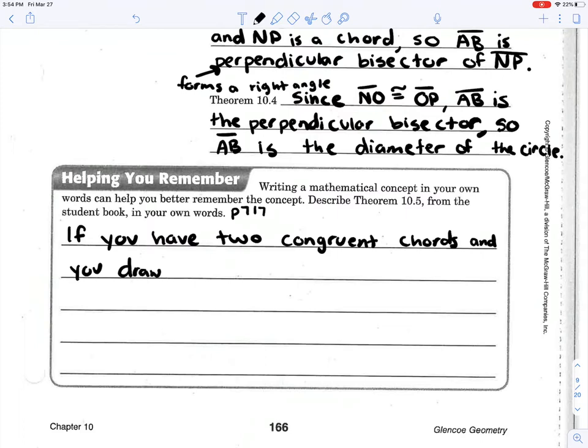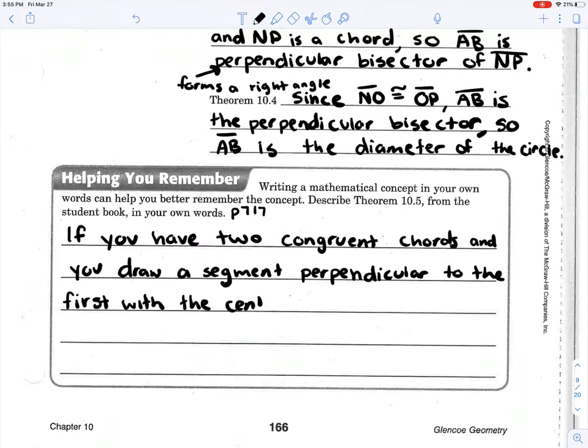And you draw a segment perpendicular to the first with the center as an endpoint.